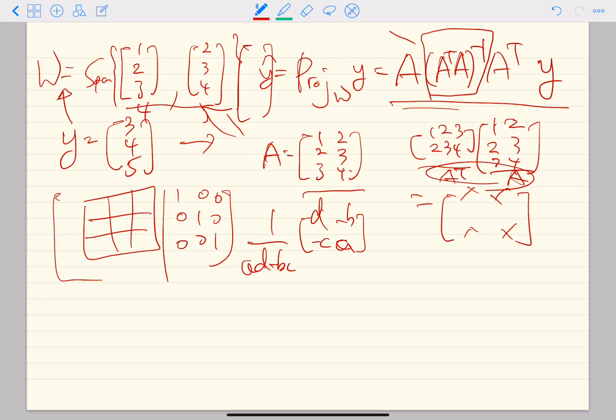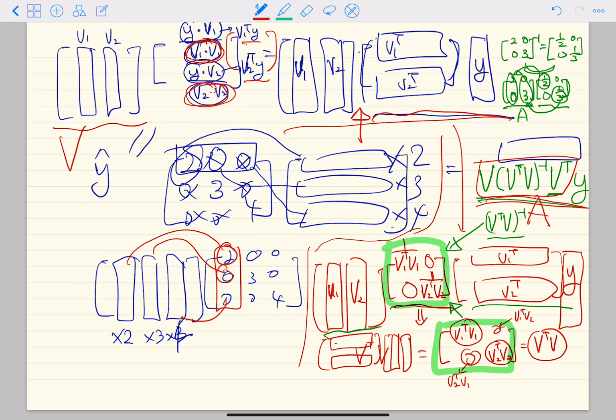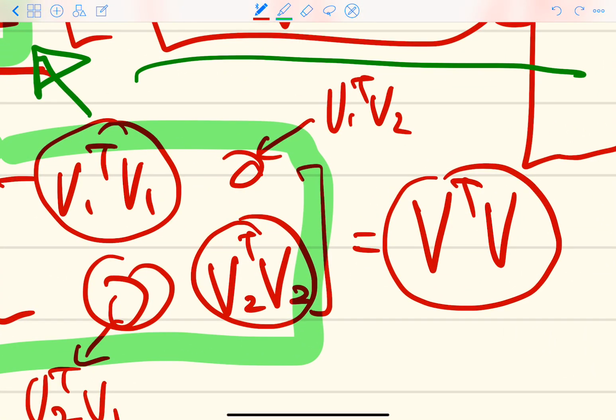So although the formula is the same, the inverse part will be much more computationally intensive. But in the case of an orthogonal matrix or orthogonal basis vectors, this part is easily computed, because V transpose V will have non-zero entries only at the diagonal elements, right?